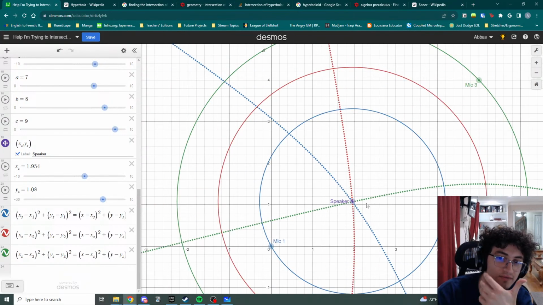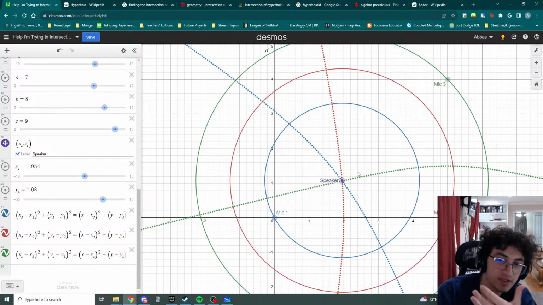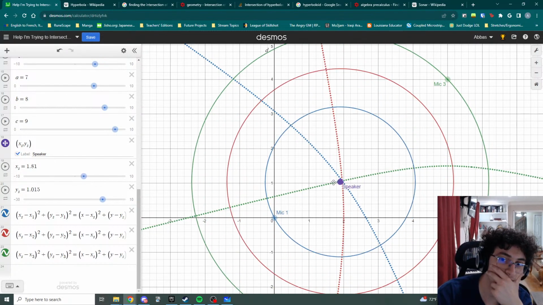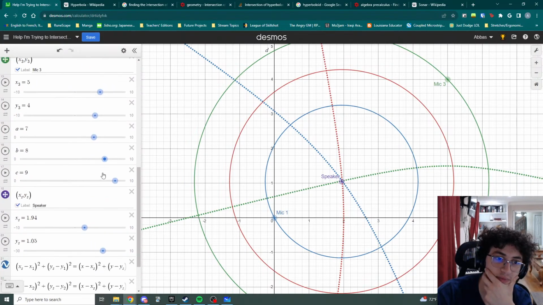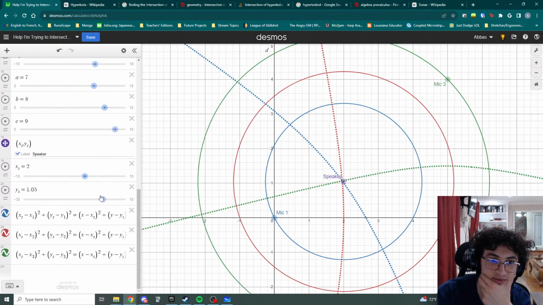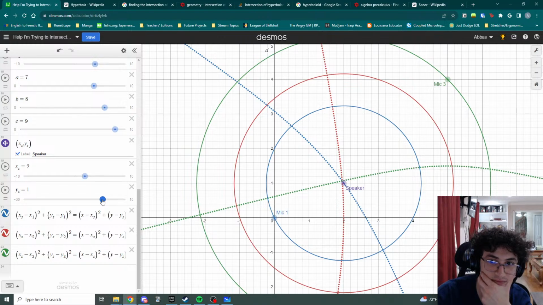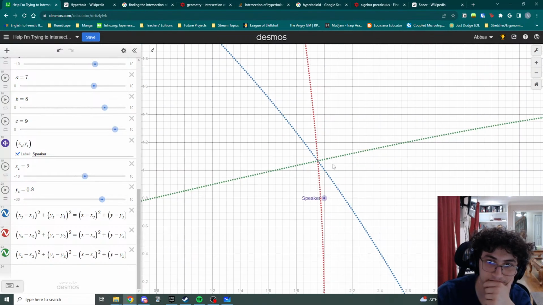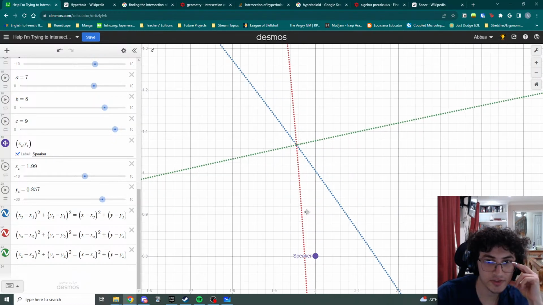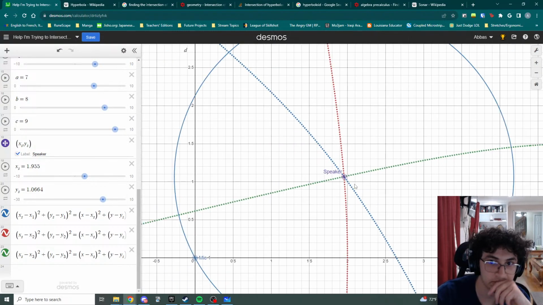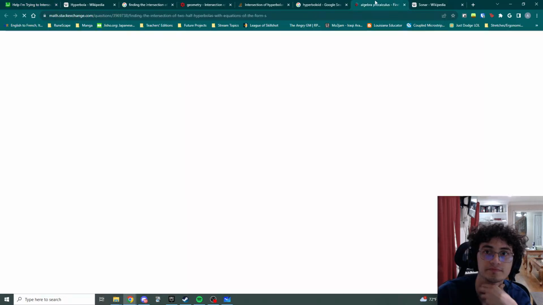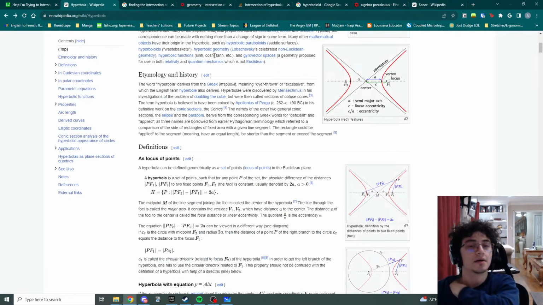With Desmos, I can relatively easily physically see what I'm imagining. But back in the day, you just suffer. Back in the day, you just have to use your raw imagination, and that's beautiful to me. That is beautiful to me.